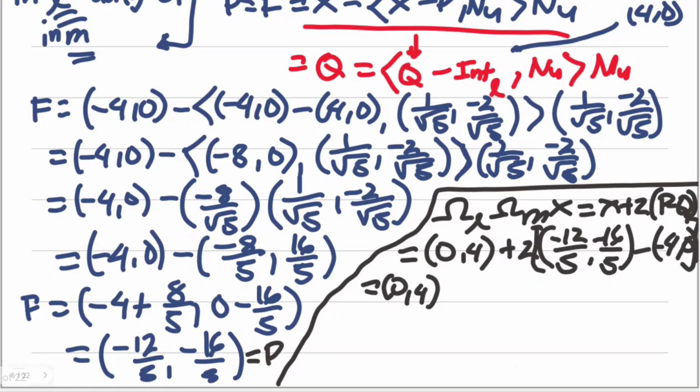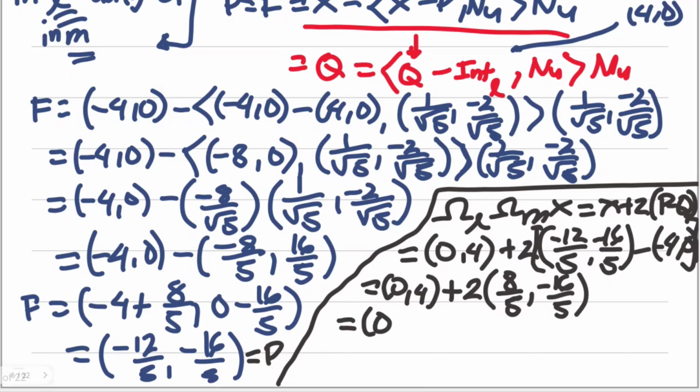I'm just going to try fitting this in the space. So you have twice negative 12 fifths plus 4, so you have 12 fifths plus 4. You will have actually a result equal to positive 8 fifths. And then negative 16 fifths minus 0 is of course negative 16 fifths here as well.